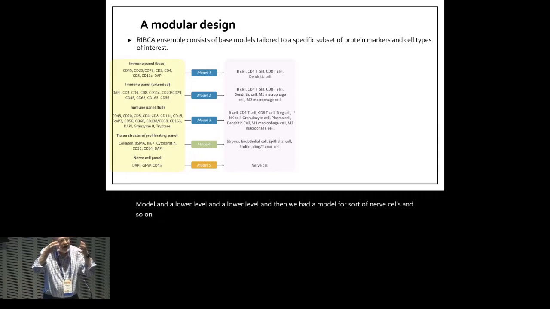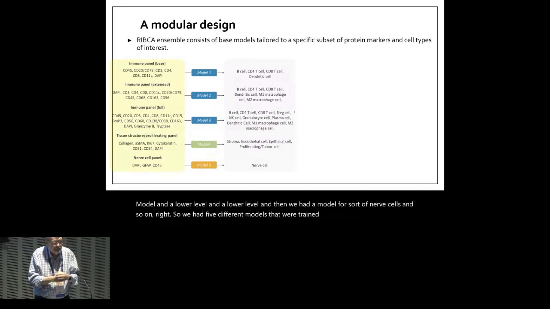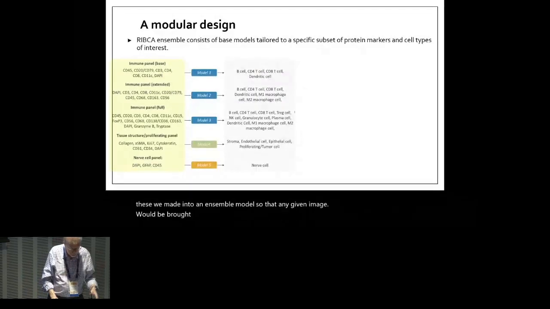So we had 5 different models that were trained with this large data set, and these we made into an ensemble model so that any given image would be brought in and then could be applied to one or more of those panels.